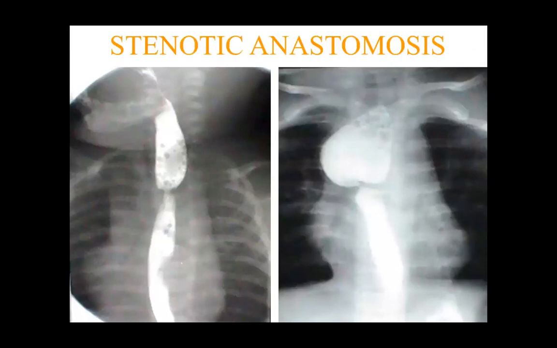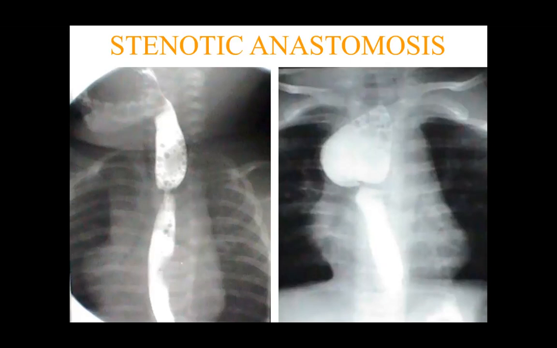For stenotic anastomosis, in most cases this will be healed by balloon dilation. It will be sufficient. Sometimes we will need to perform, in addition, reflux surgery if there is gastroesophageal reflux.